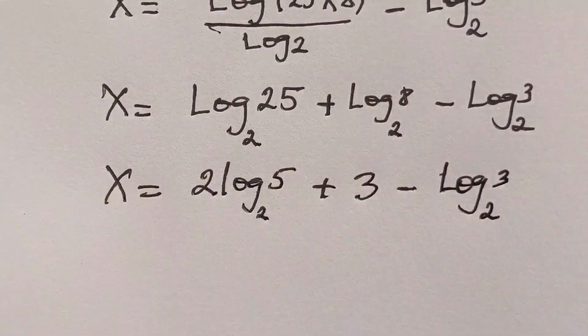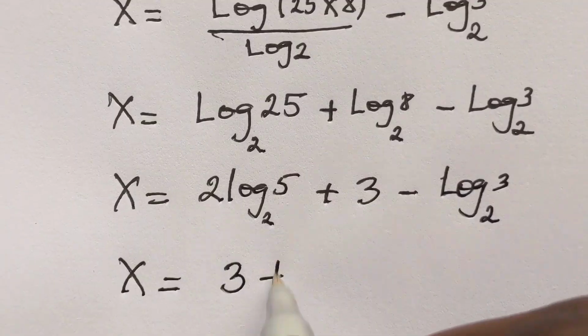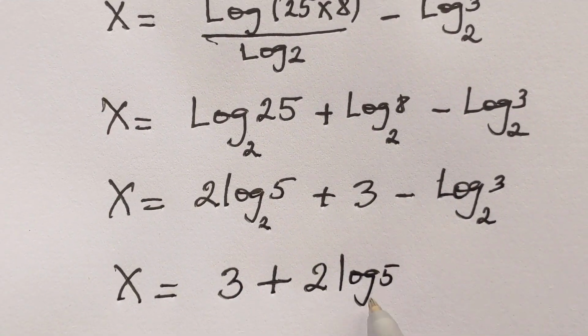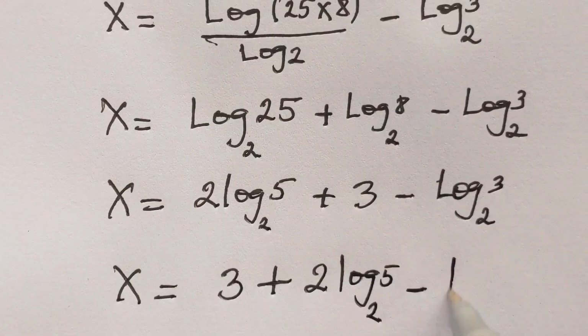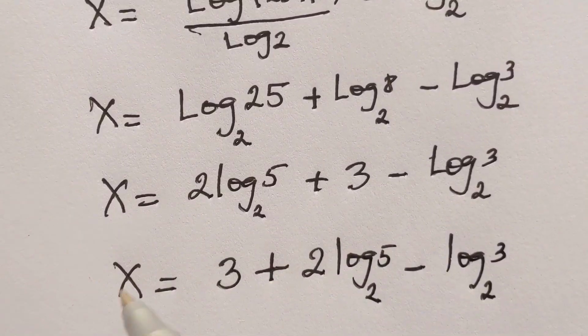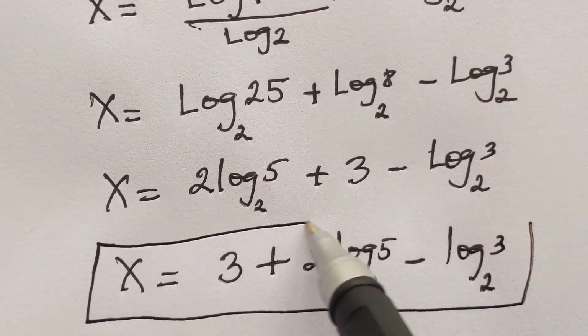By rearranging, we write x equals 3 plus 2 logarithm of 5 to the base 2 minus logarithm of 3 to the base 2 as the final solution.